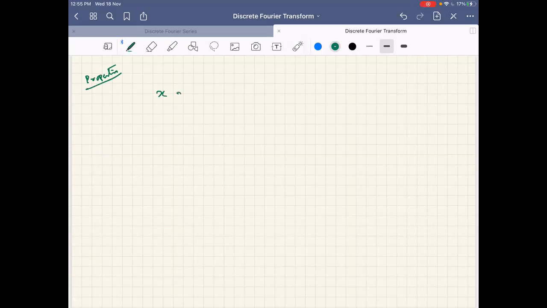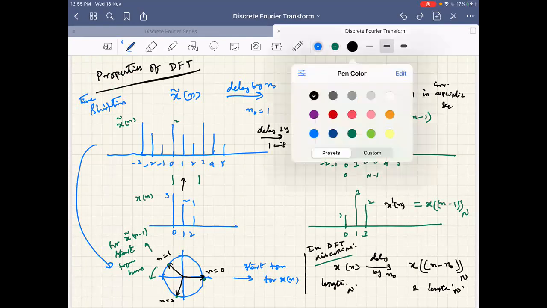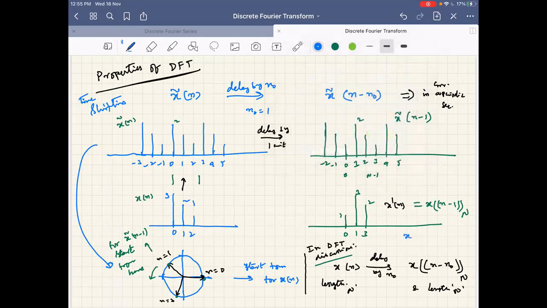If there is a delay, x of n minus n naught, it is modulo N. So for a negative number, x of minus 1 is equal to x of modulo N, which is N minus 1.